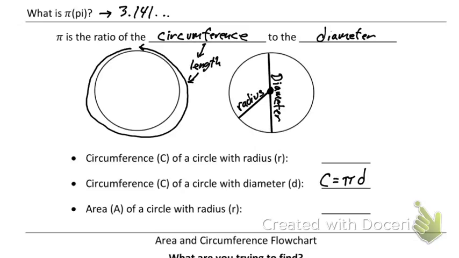Which means if I'm using my radius, this equals 2 pi r. So once again, if my circumference is pi times diameter, if I'm using radius, I need 2 of them to equal my diameter, right? 2 times r equals the diameter. So it really is the same equation. It's just one has radius, the other one has diameter.